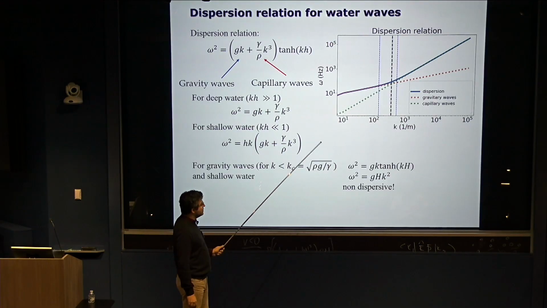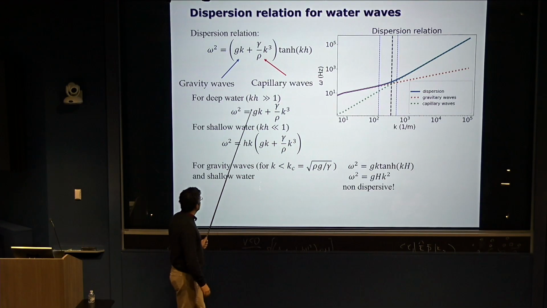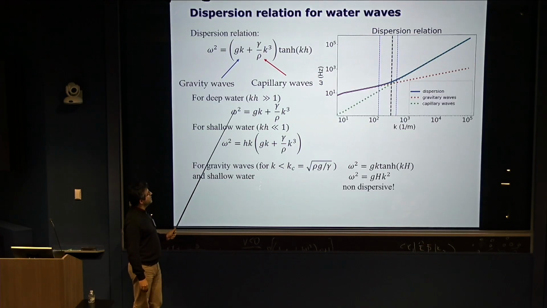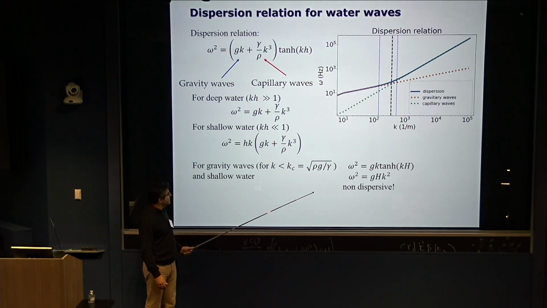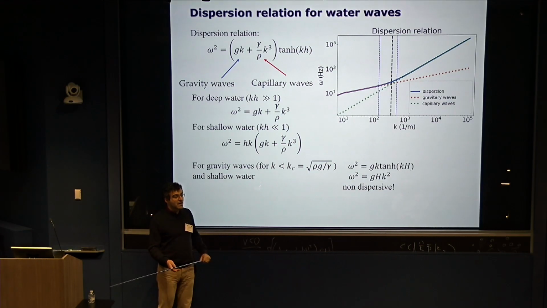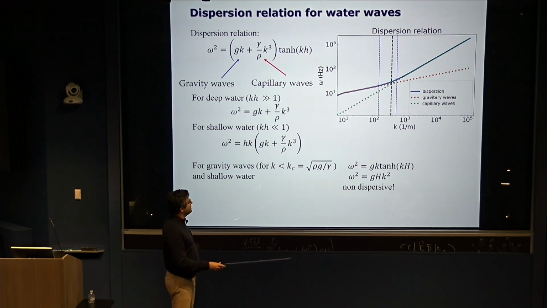Now if we look at the few cases that are useful: in deep water, you don't have the hyperbolic tangent. In shallow water, you have hk that comes in at first order. And usually we work with gravity waves, which are the long wavelength waves that you find.